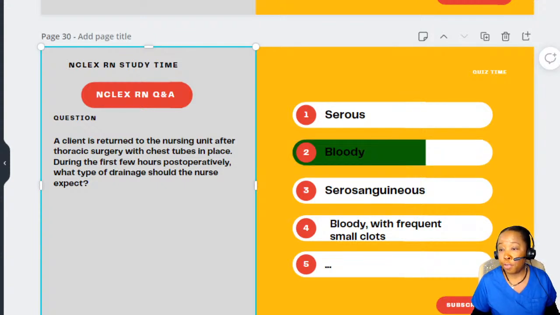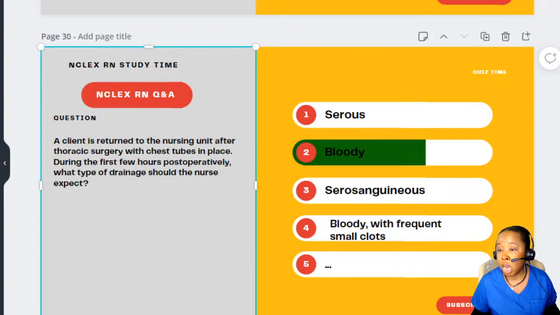They say in the first few hours after surgery, the drainage from the chest tube is bloody. After several hours, it becomes serosanguinous. That means it becomes a little lighter. You will see it's going to have blood, but it's lighter. It's not going to be that bright.